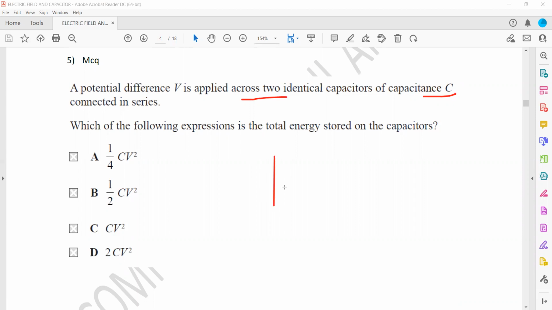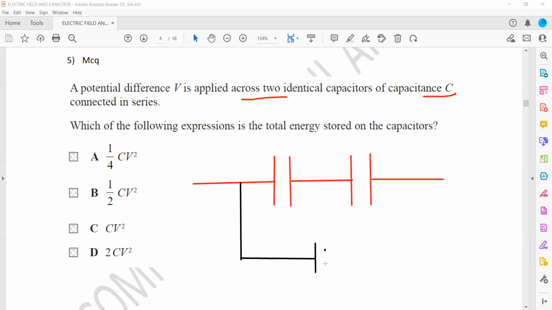So we have two identical capacitors connected, each having a capacitance of C, and we connect them with a supply of voltage V. Because they are connected in series and identical, the total voltage will divide. Here it will be V by 2, here also V by 2.